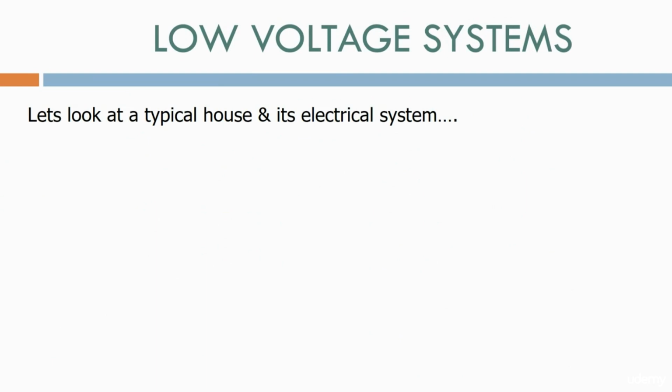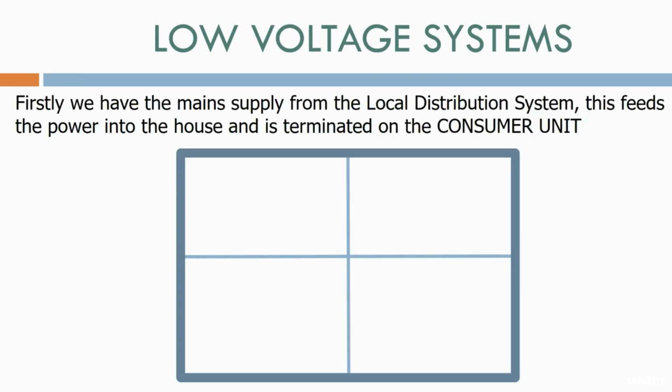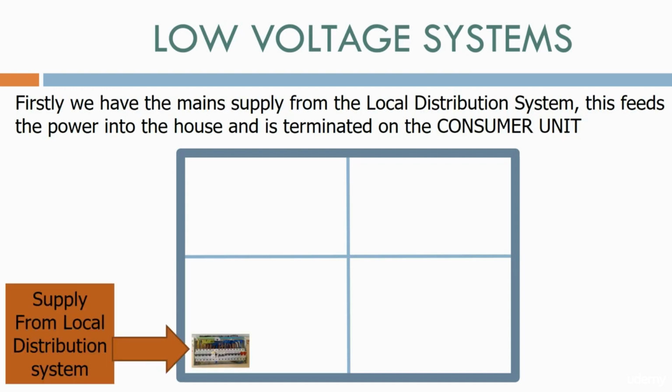Let's look at a typical house and its electrical system. Firstly, we have the main supply from the local distribution system. This feeds the power into the house and is terminated on the consumer unit.